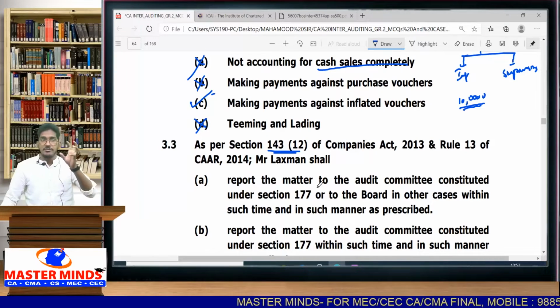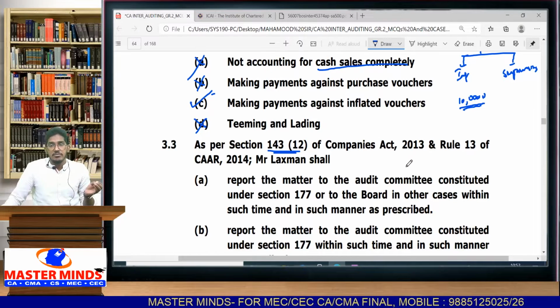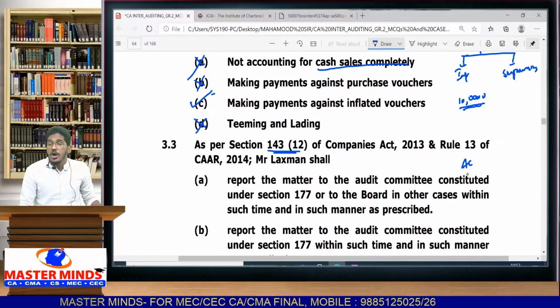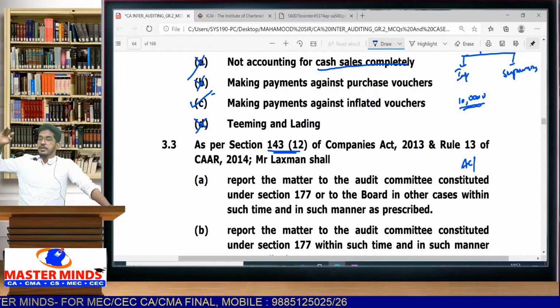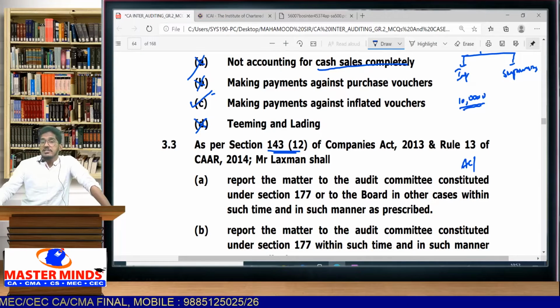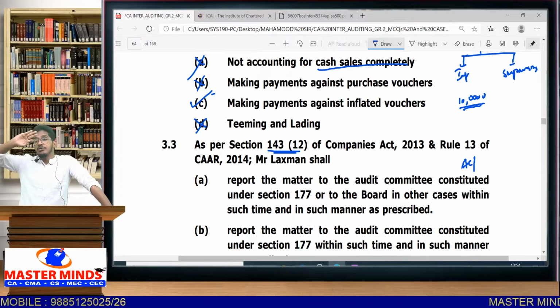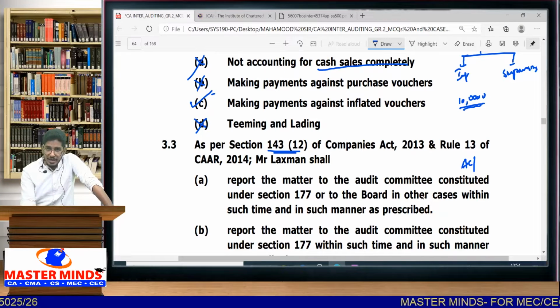A few companies are only required to constitute an audit committee. If your company is covered in that criteria, then you are required to communicate to the audit committee. If the company is not covered under the criteria given in section 177, then an audit committee is not required to be constituted, and you have to communicate the matter to the board of directors or to the board in other cases.